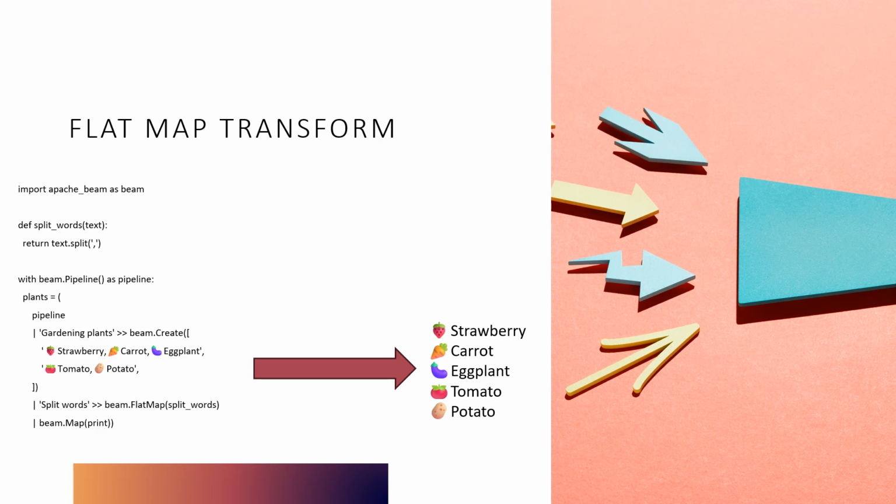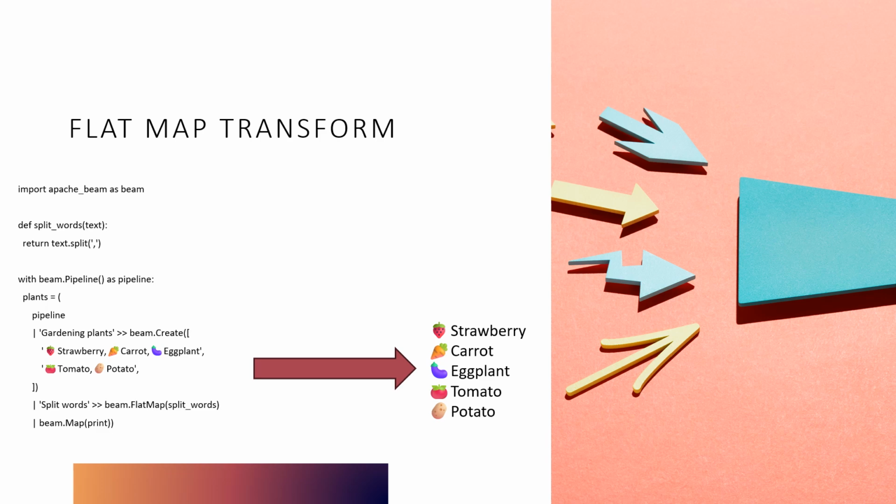In this example, we've defined a user function that returns the Python string split method, which splits a string into a list of strings after breaking the given string by a specified separator. And in this case, it's a comma. Next, we start our pipeline. We've named our output PCollection plants and our input PCollection gardening plants. Now, this list may look exactly like our previous example, however, it's not.